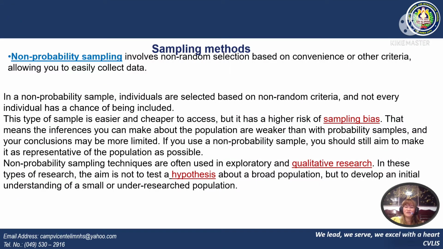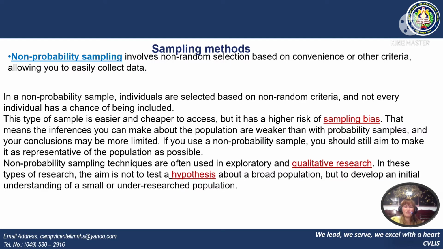However, for other sampling methods, we have non-probability sampling techniques. These involve non-random selection based on convenience and other criteria, allowing you to easily collect the data. In a non-probability sample, individuals are selected based on non-random criteria and not every individual has a chance of being included or selected in the study.